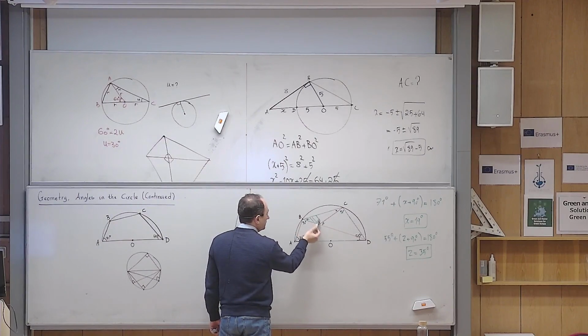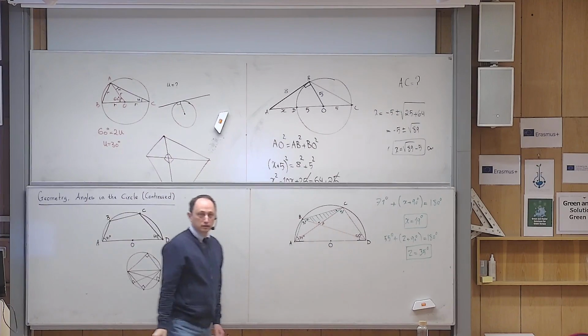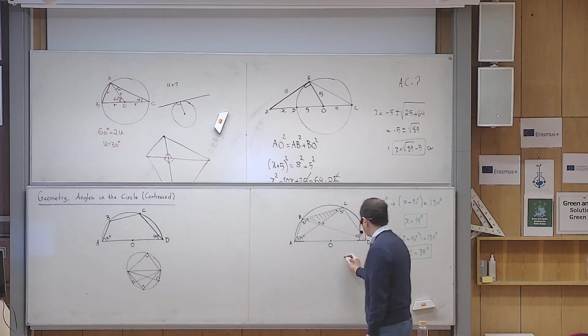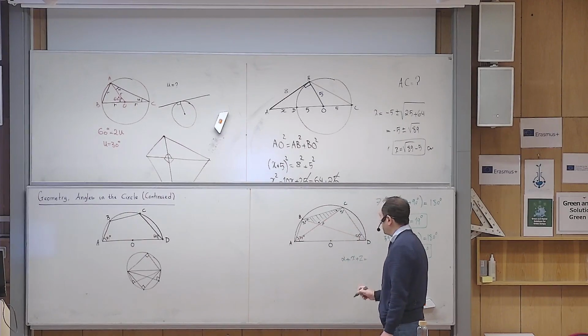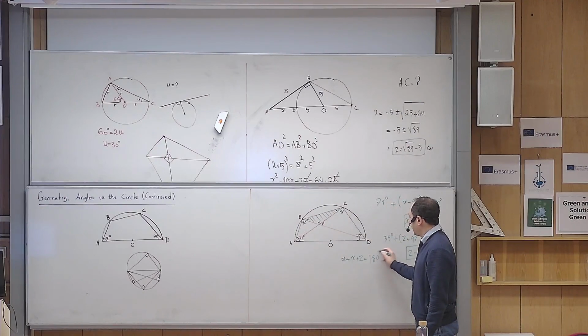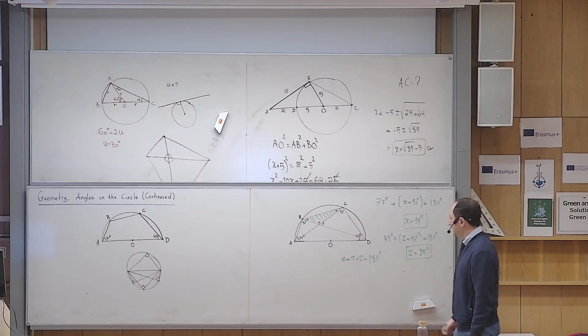So this one is a triangle. We know that alpha plus x plus z should be how much in that hatched triangle? 180. I am looking for alpha, but I already know x and z, so I put them there.